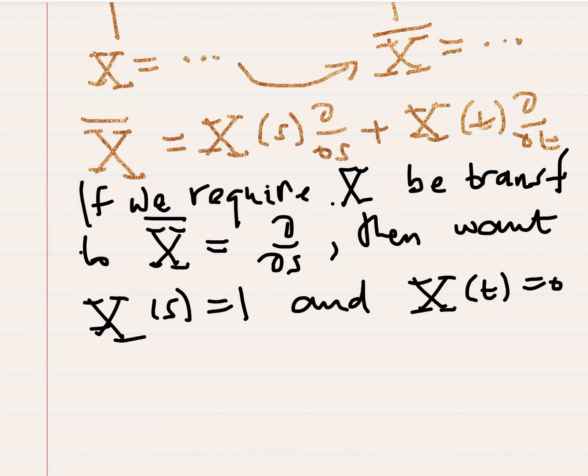So this set of equations, if there were 3 variables, of course there would be 3 such equations, is used to transform a vector field X to X bar, where X bar is very simply d by ds.